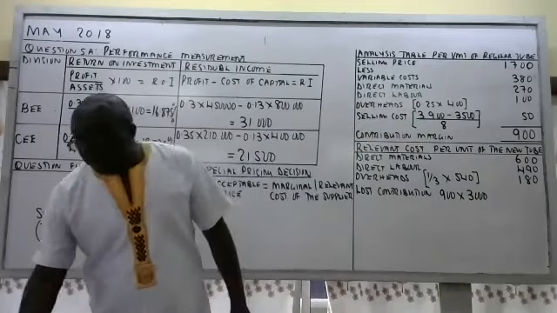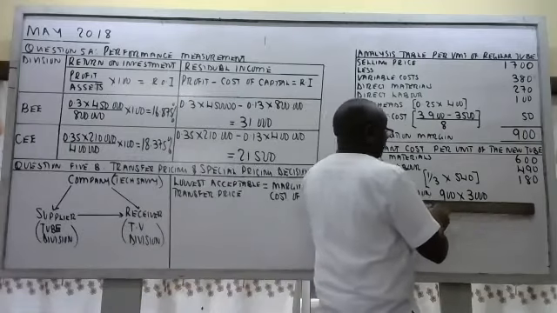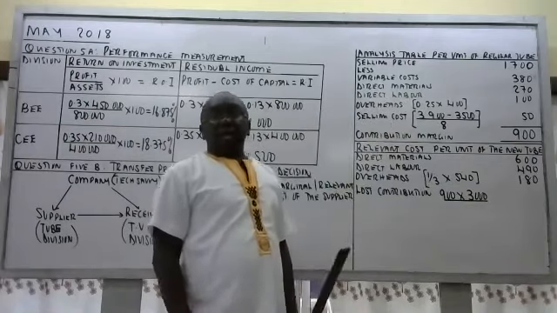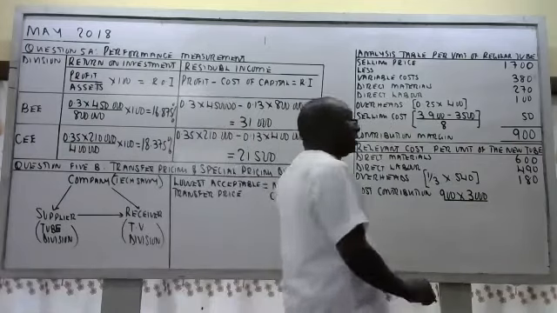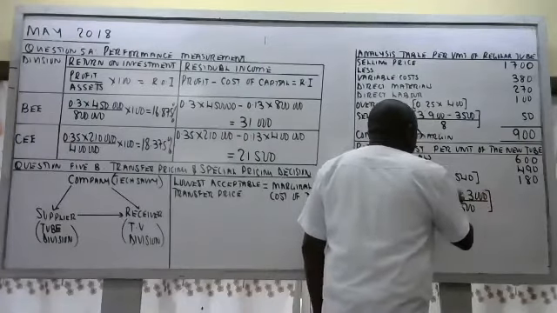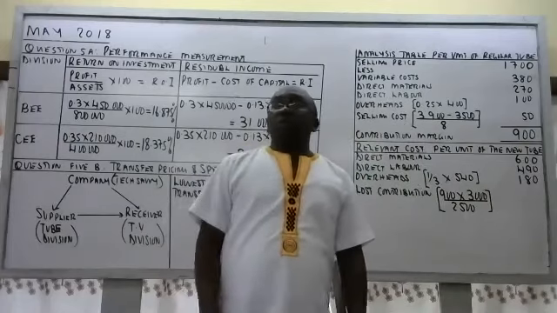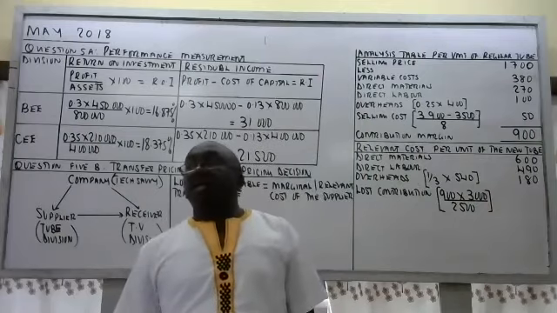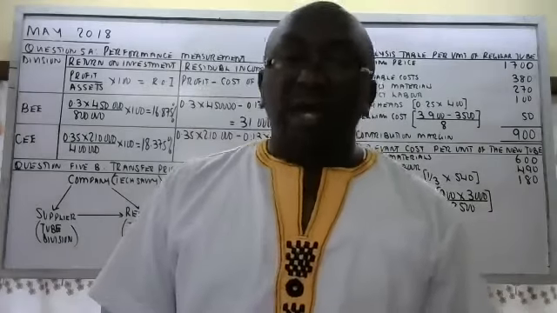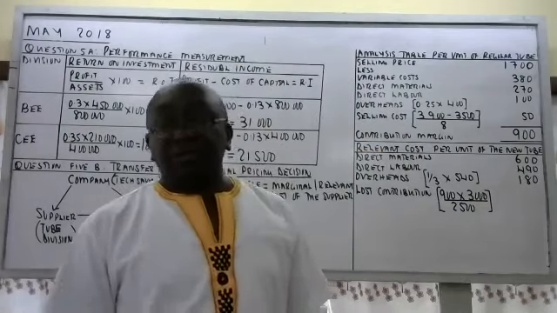That is the much that we are going to lose. But this one is being lost because we have decided to manufacture 2,500 tubes. So you divide by 2,500, every one of the new one is making you to lose how much?